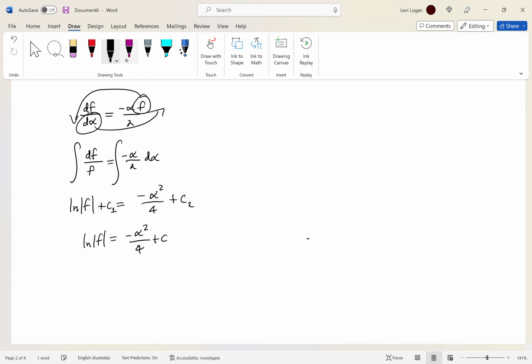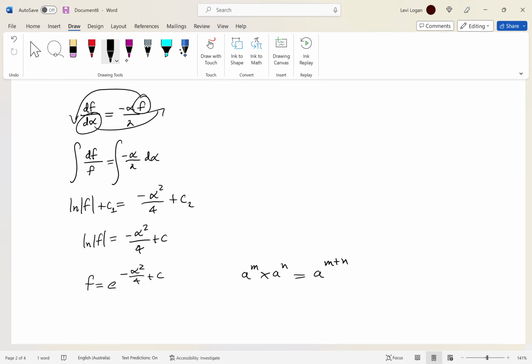Alright, there's another thing we can do here. We're going to make f the subject, so we change base. We have f is equal to e to the negative alpha squared over 4 plus c. What we can do is change how this looks. Recall our index laws: a to the m multiplied by a to the n is equivalent to a to the m plus n.